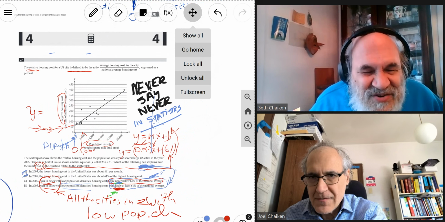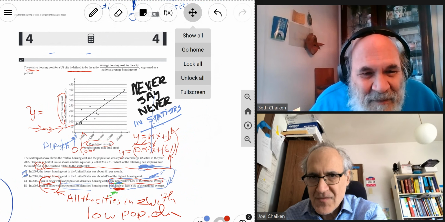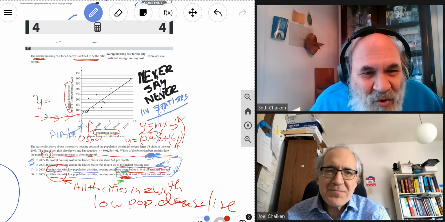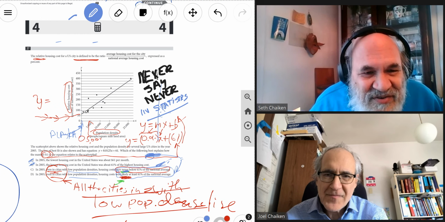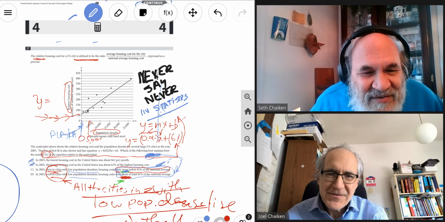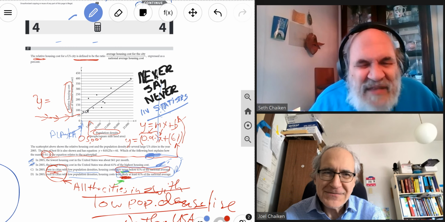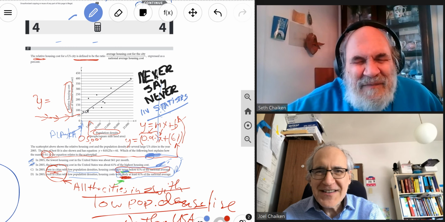They're not populations, they're densities. Fine. All the cities with low population densities in the U.S. Okay, fine. Those are details.